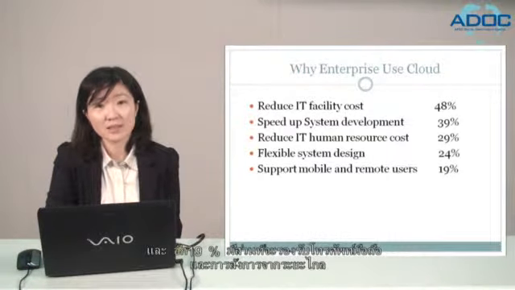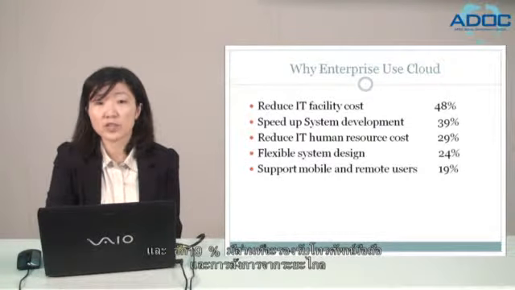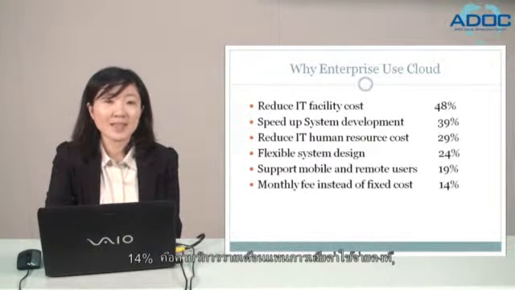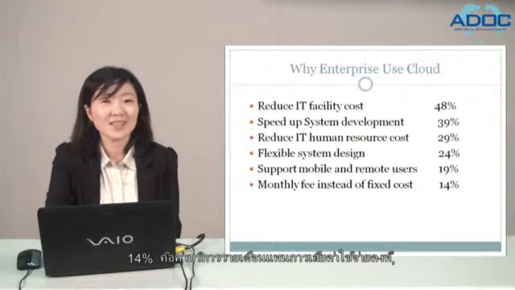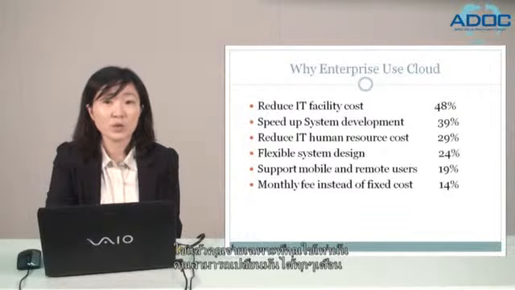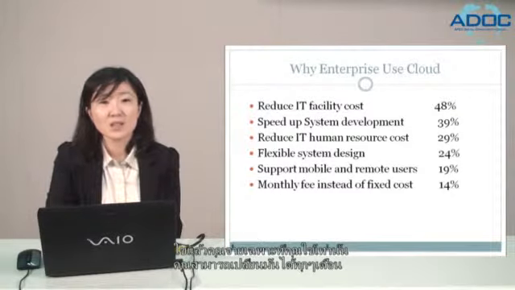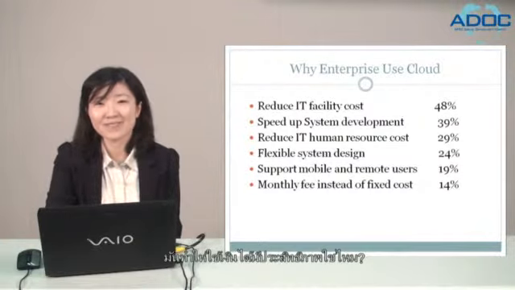And 19% contribute to supporting mobile and remote users. 14% is monthly fee instead of fixed cost. You pay what you use monthly, so you can change your plan every month. Very green, right?